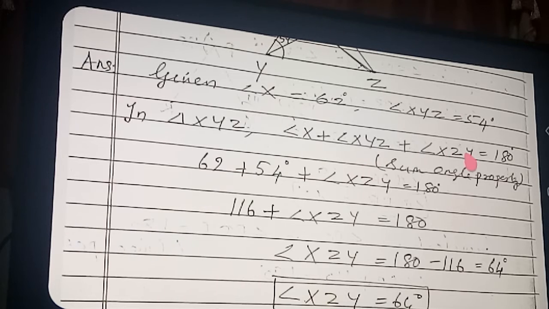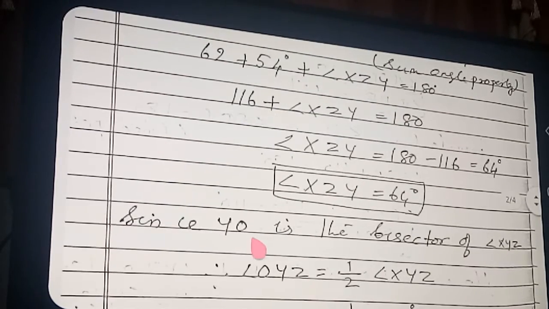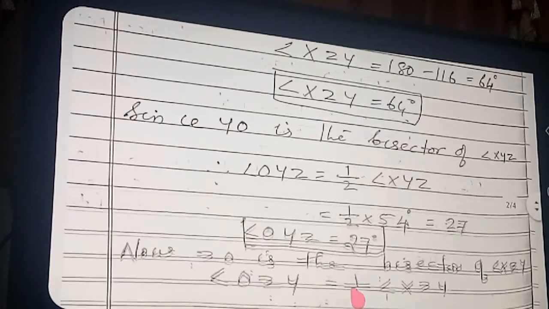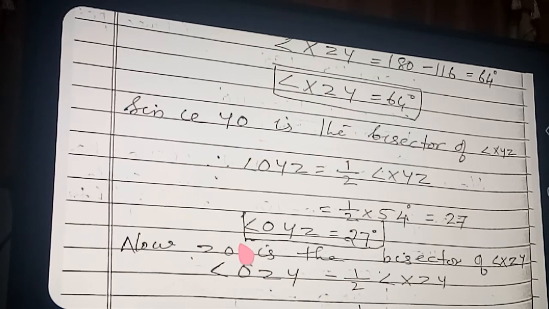Clear? Now go through the sum from the beginning onwards, each step, each point. Steps are clear now? Here YO is the bisector. Therefore OYZ is half of the full angle, so we got 27. Here ZO is the bisector of angle XZY.